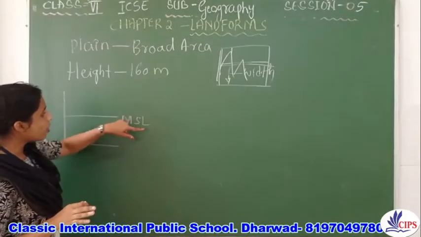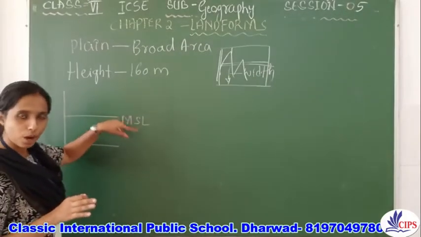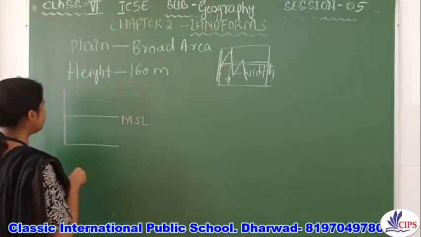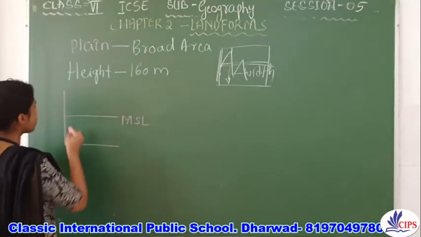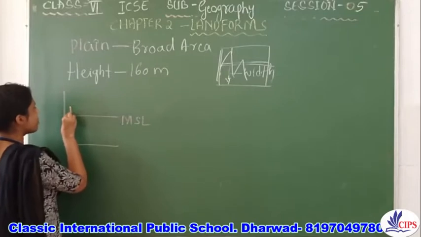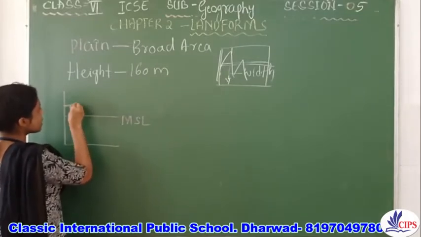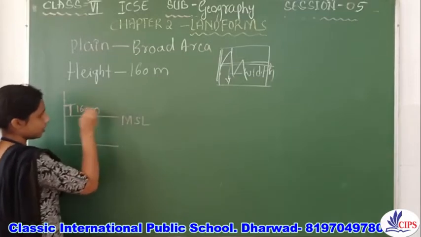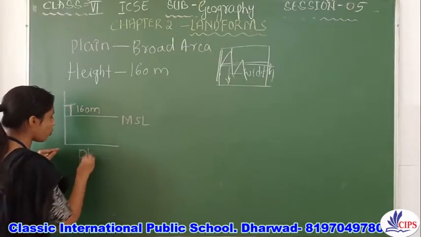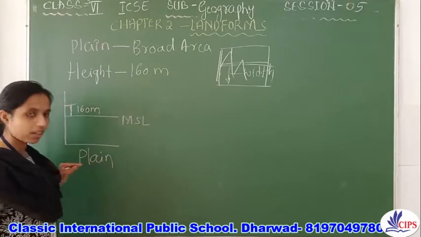Just understand that from the mean sea level, the area has a height of just 160 meters. Let me consider this as 160 meters. I'm talking of a plain area.